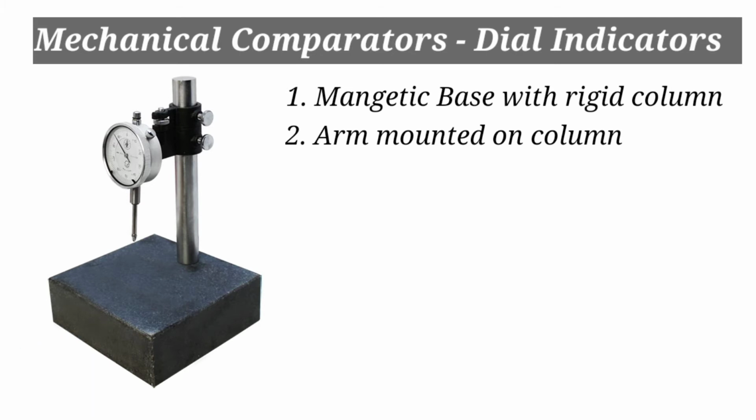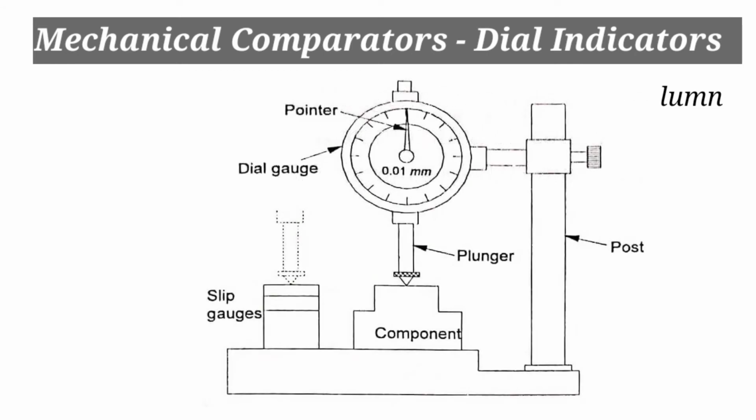Such a simple comparator is ideal for the checking of components with a tolerance of say plus minus 0.05 millimeters. In its operation, the indicator is set to 0 by use of slip gauges representing the basic size of the part.